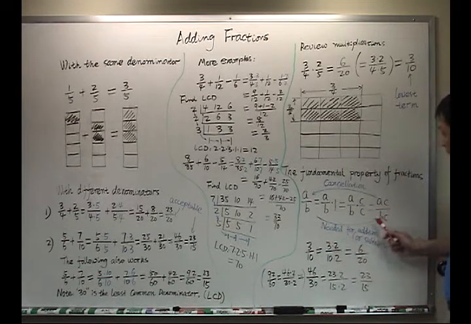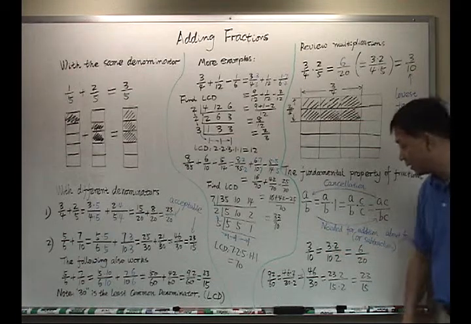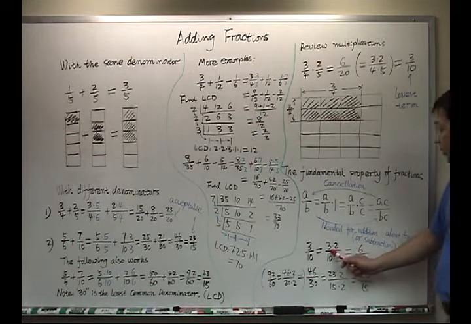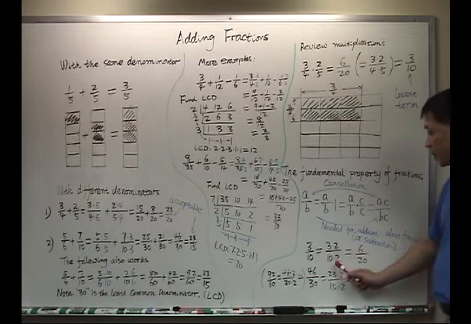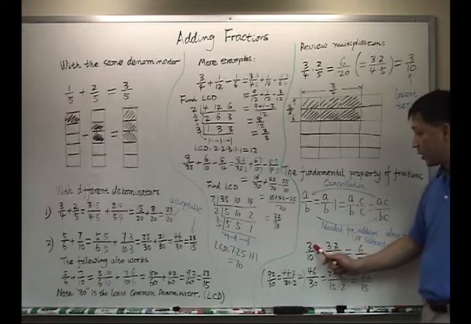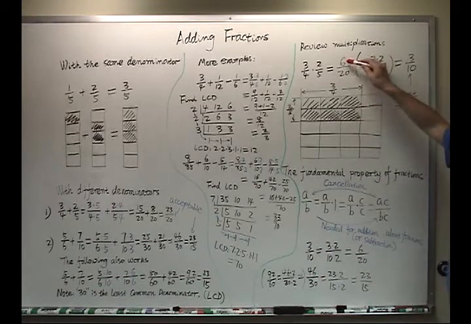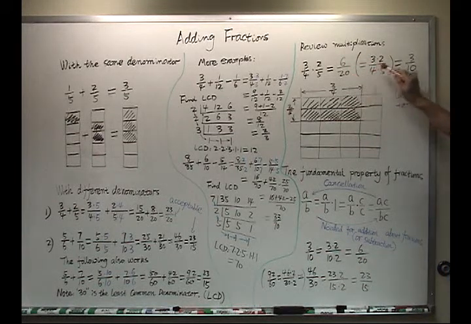C in this case is 2. So 3 times 2 is 6, 10 times 2 is 20. Then you can see 6/20 is actually 3/10. We saw just now 6/20 is actually 3/10, so those two are equal.